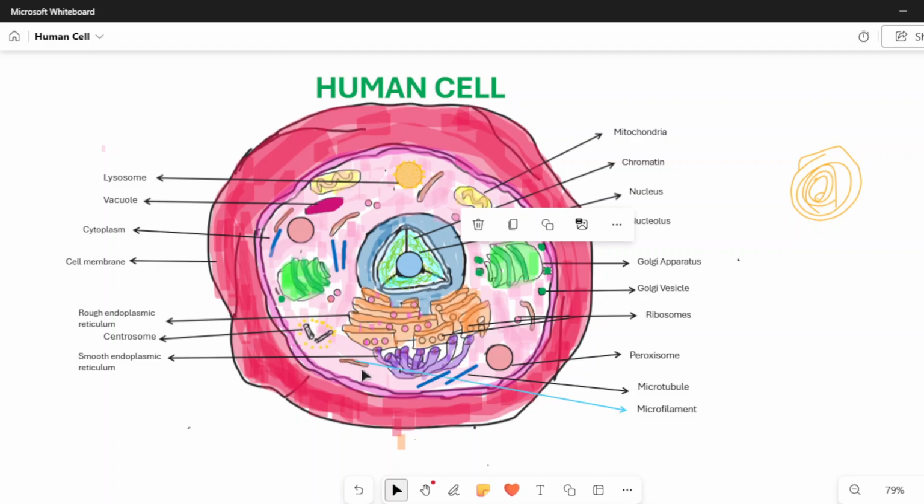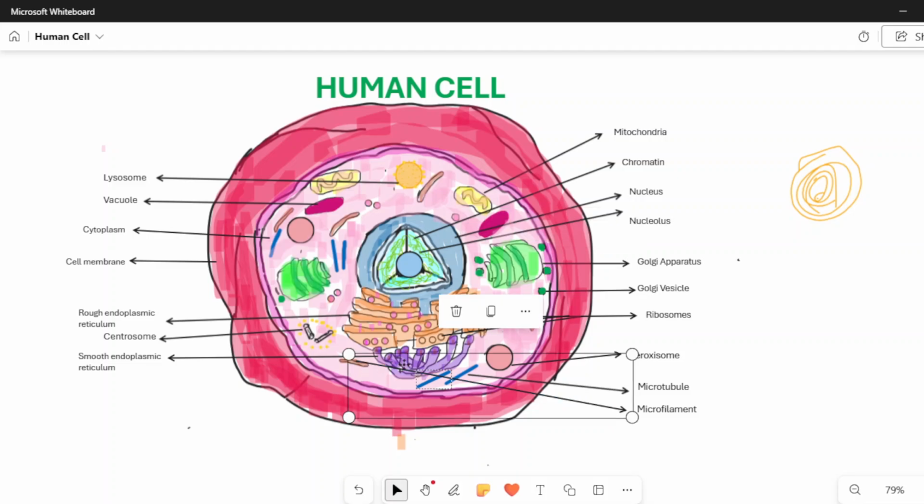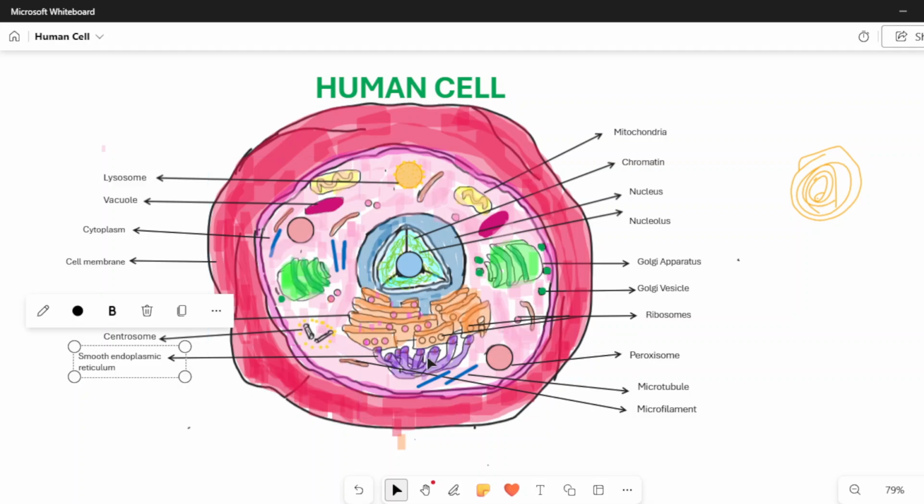So the next organelle is the same endoplasmic reticulum, but this time it's the smooth endoplasmic reticulum. If you see the smooth endoplasmic reticulum, it does not have any ribosomes attached to it. See, it is smooth, so that's why it's called smooth endoplasmic reticulum. It does not produce any proteins. It produces lipids, the fat content called lipids.